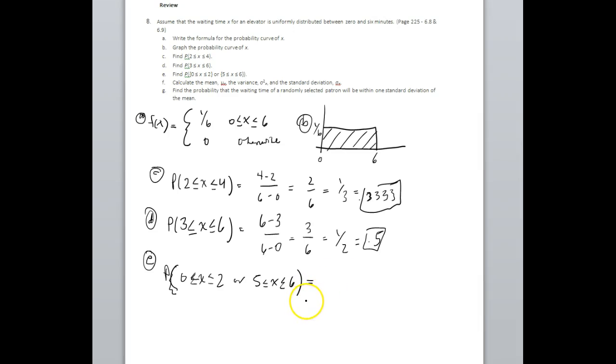So essentially we're just going to do this formula twice. So we're going to say 2 minus 0 over 6 minus 0 plus 6 minus 5 over 6 minus 0. And then we're going to get 2 over 6 plus 1 over 6, which is equal to 3 over 6, or 0.5.